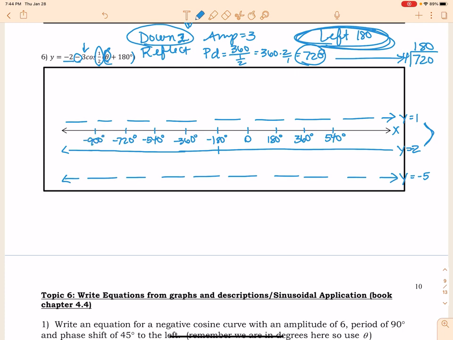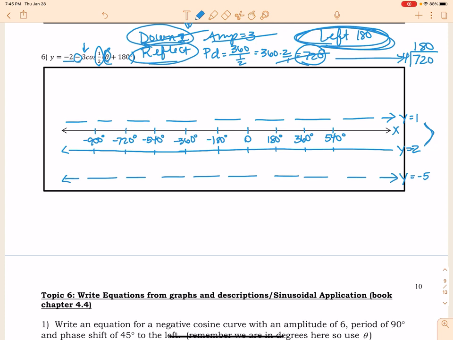Okay, so those are my values, and I'm going to make marks on my center line for my graph as well, so I can draw this nice and beautifully. Okay, so we've taken care of our amplitude, our down 2, our period. All that's left is to draw in our graph and then our y-axis. So the reflection, don't forget that. That means at negative 180, rather than starting at the top, I am going to be starting at the bottom.